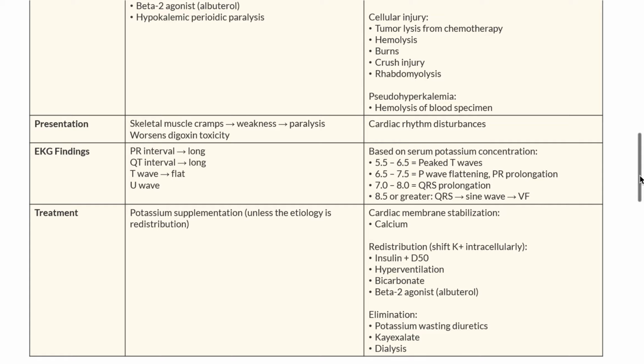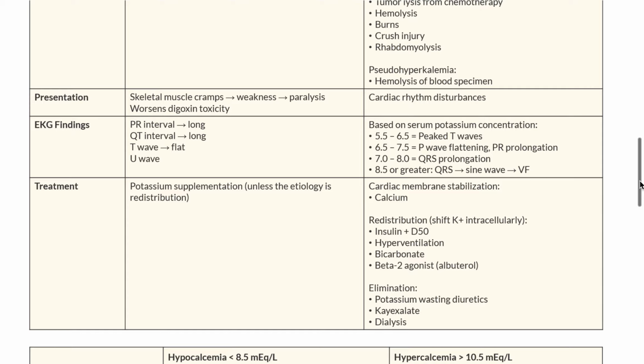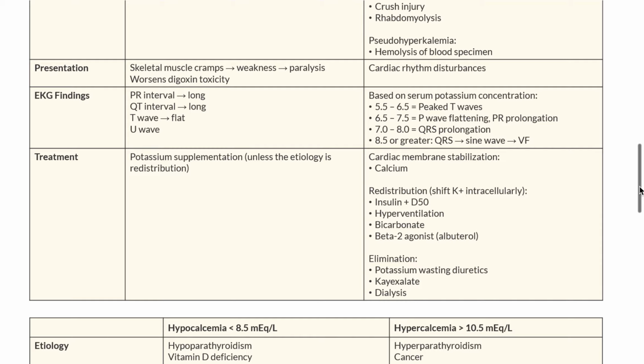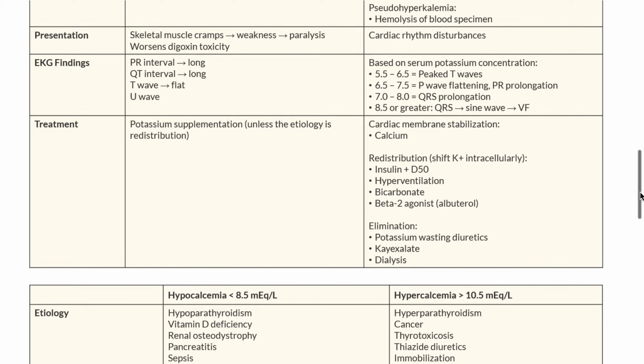Presentation includes cardiac rhythm disturbances, and EKG findings are based on serum potassium concentration. So 5.5 to 6.5, you'll have some peaked T waves. 6.5 to 7.5, you'll have P flattening and PR prolongation. 7 to 8 is QRS prolongation, and 8.5 or greater, the QRS turns into the sine wave, and it leads to ventricular fibrillation.